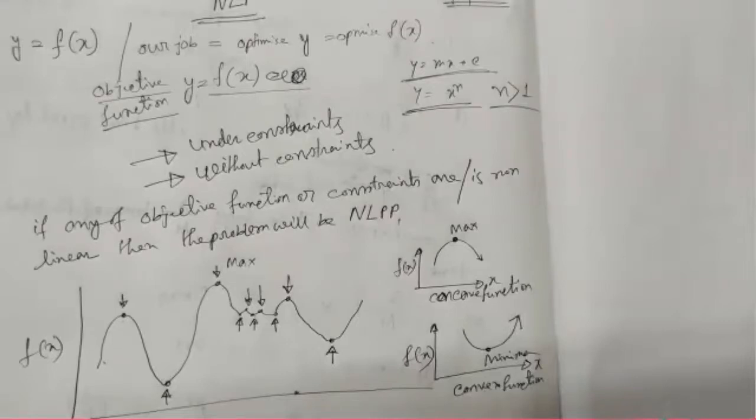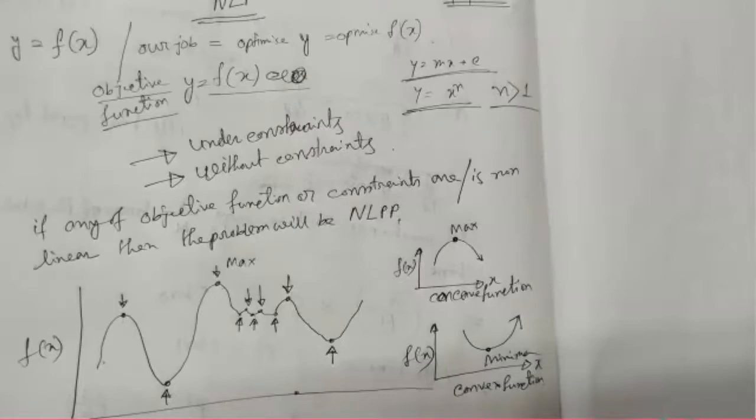So when do we call it nonlinear? When the function f(x) varies with higher orders of x. How much higher? If the order of x is greater than 1, then it will be a nonlinear function, like y equal to x square, y equal to x cube, y equal to x to the power 4, y equal to x square plus x plus 1.